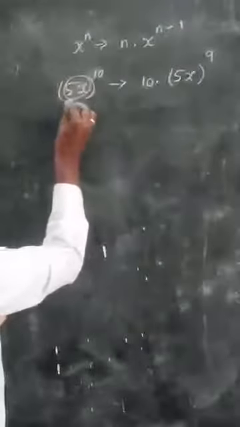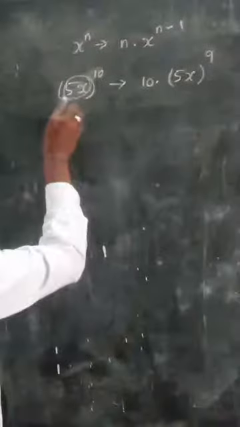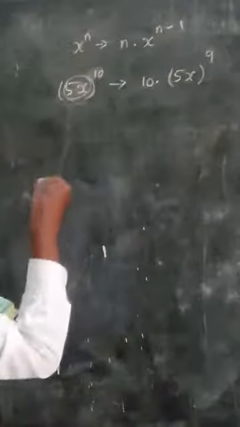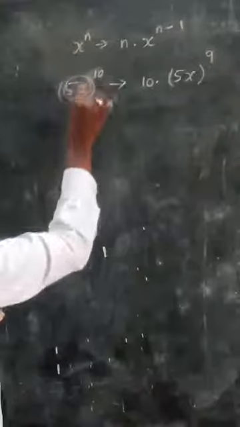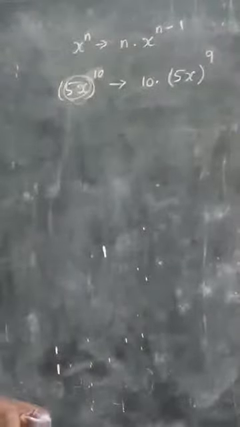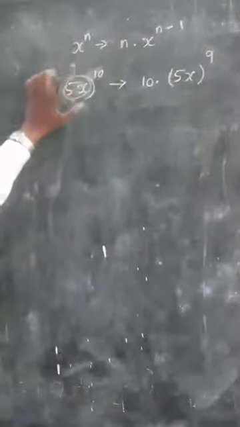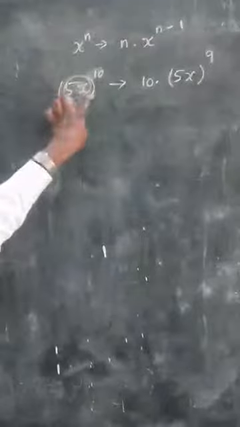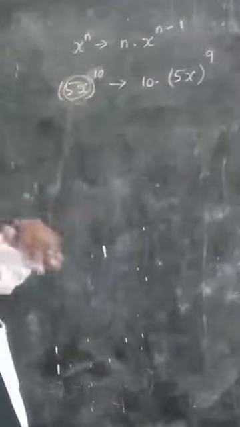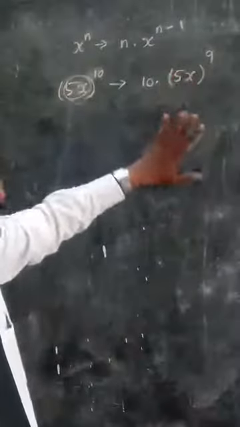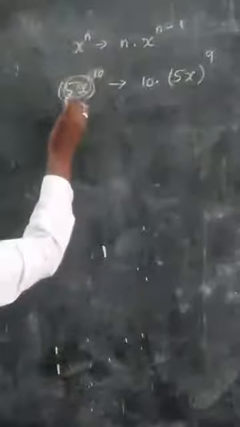Additionally, we have to do one thing. The term which I considered in my mind as x, 5x, I should differentiate that 5x once again. Is it clear? This is a very important concept you should know. I have applied the x power n formula, but in place of x, 5x is present. No need to worry, apply the same formula, but additionally differentiate this 5x once again.